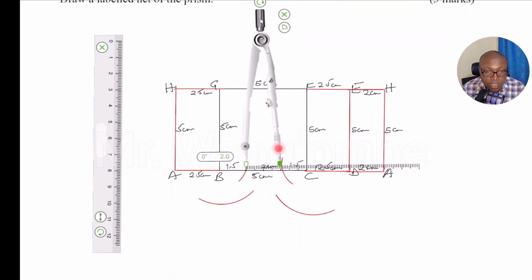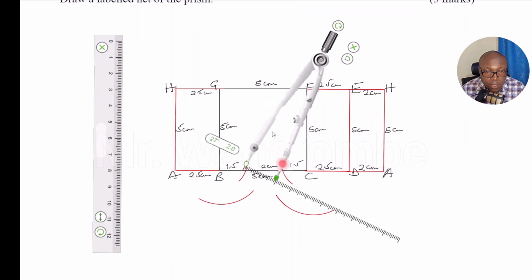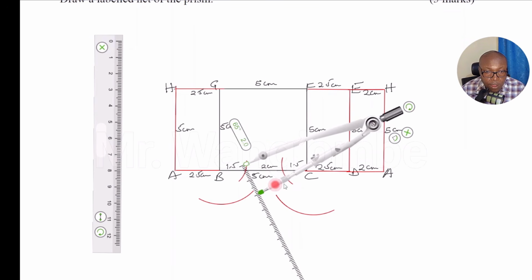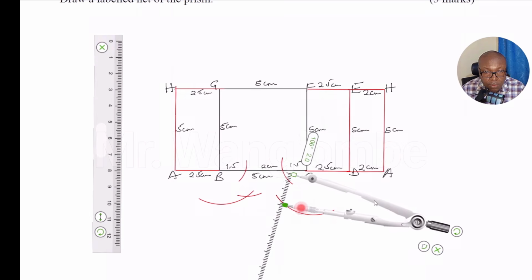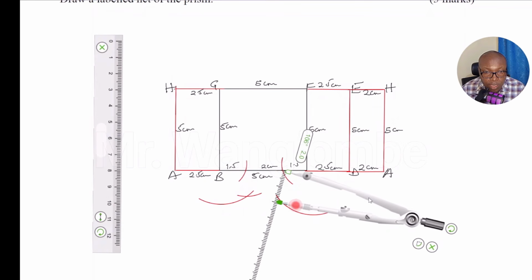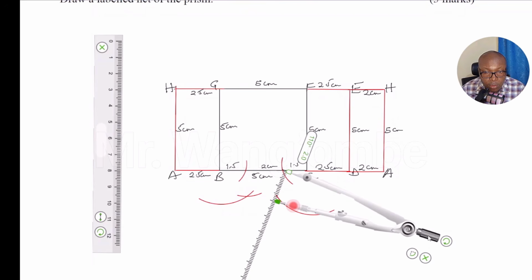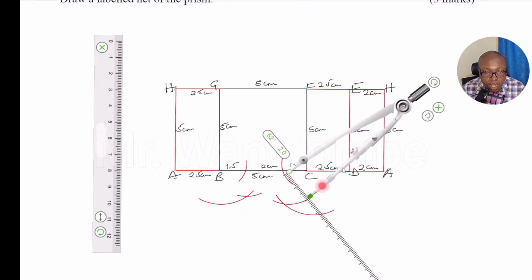Now we cut this arc. Standing there, we can cut this arc like that, and then from the other arc there, we can also cut that arc like that.